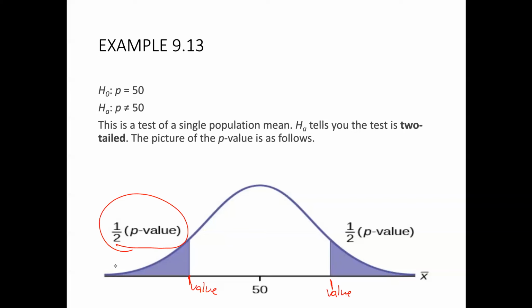And I would probably, using that normal distribution, find the probability to the left. That would be the easiest thing to do. That's half my p-value. So for example, I conducted this test, I don't know, and I get that this value is 0.2. So the area to the left, or whatever that value is, is 0.2. Then the p-value is twice that.